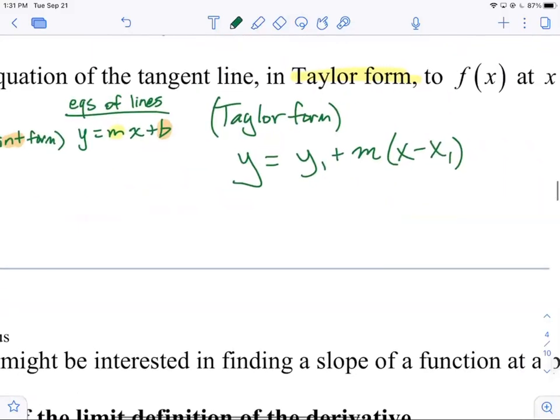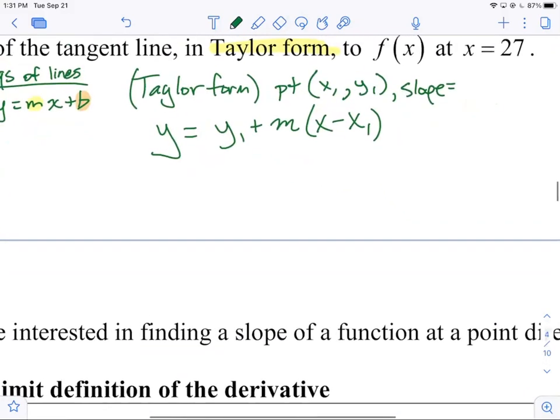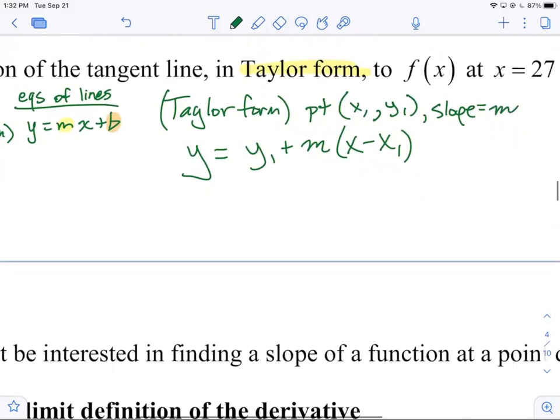Boom. You need a point, x sub 1, y sub 1, and then you need a slope, m, at that point.